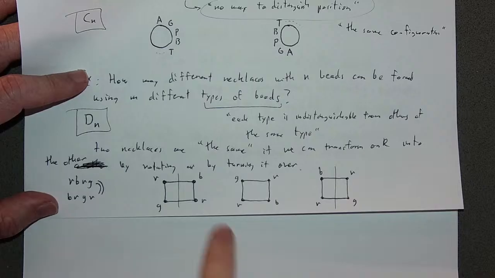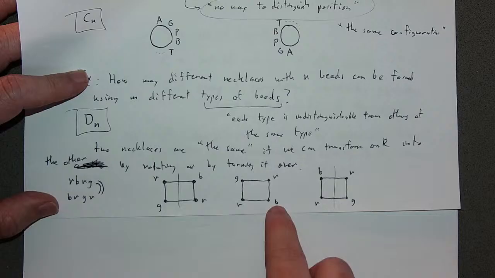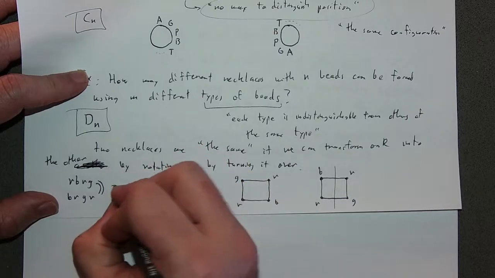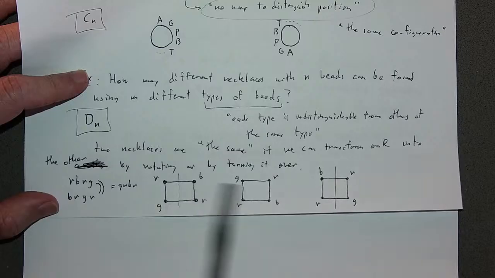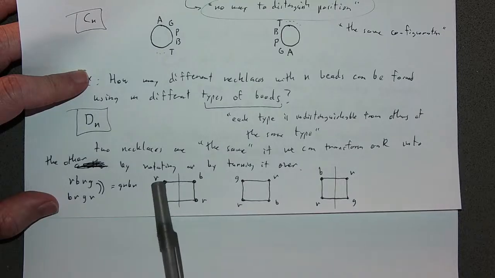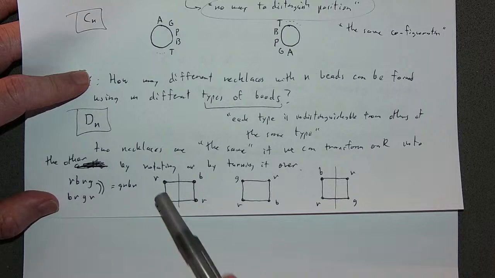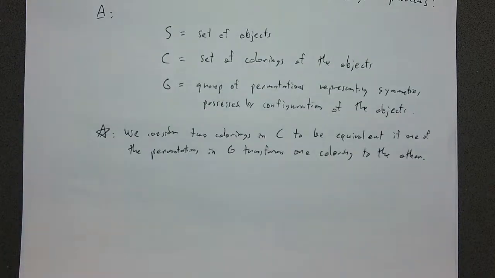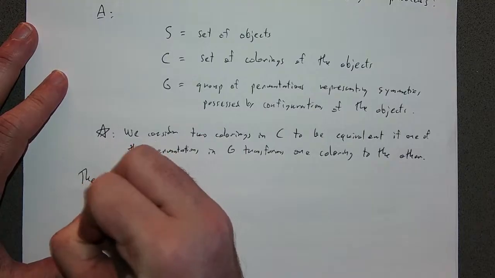Similarly, this would be the same as the coloring here, GR, BR. So both of these are equal to GR, BR here because I can go from this coloring to this one by a rotation, a rotation by 90 degrees clockwise. So this is exactly what's going on here.